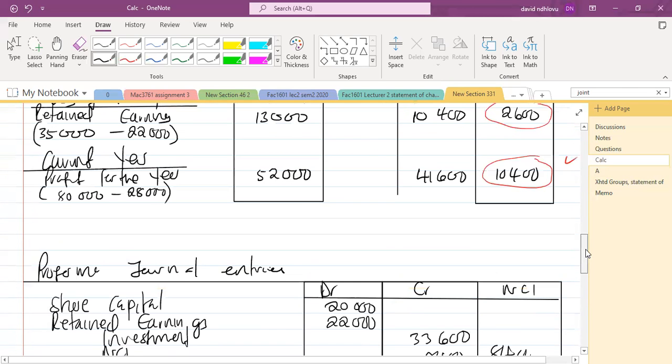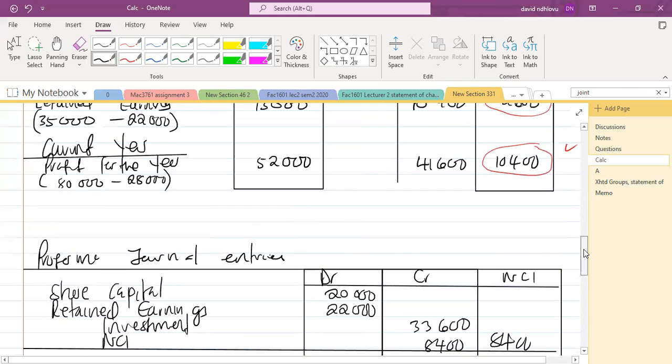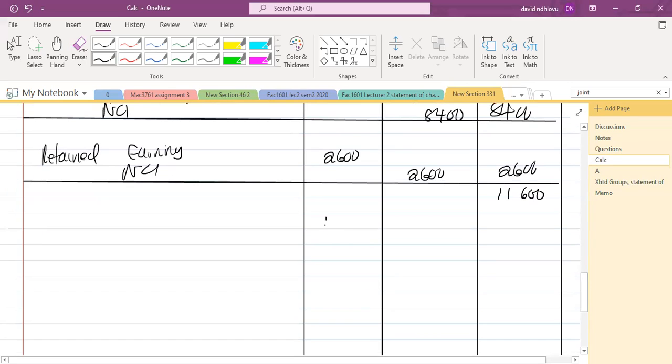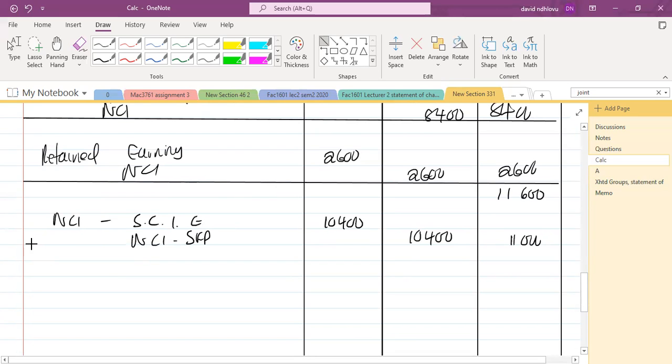In the current year, we then made 10,400 for NCI. So it needs to be added to the NCI value. So we say NCI, statement of financial position. But here we say NCI, statement of changes in equity. Then we can add everything. We can add the 11,000. It's actually 11,000 straight here.